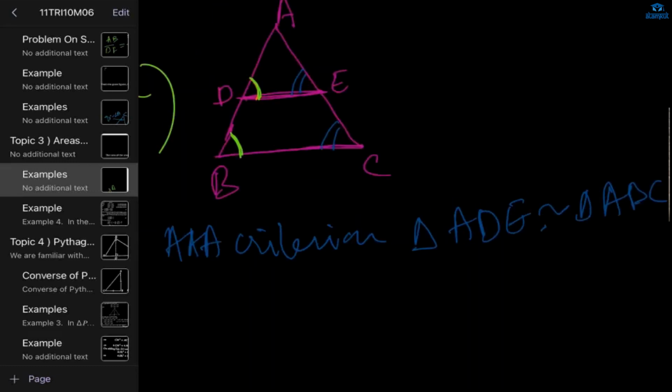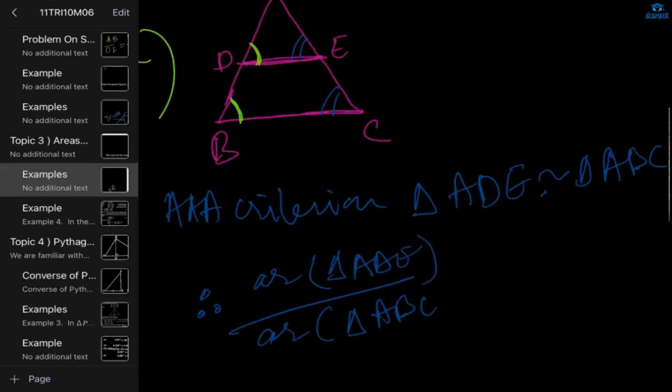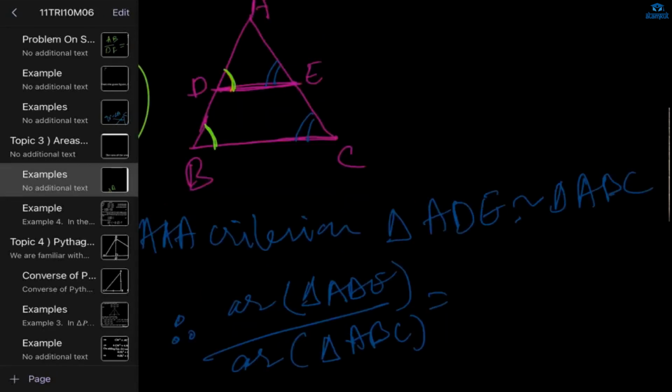Since you have already proved both the triangles are similar to each other from AA criteria, now we can find the ratio of the areas. Therefore area of triangle ADE by area of triangle ABC will be equal to what? One of the sides you can choose. Only this side value is given to you, that is 6 centimeter, and this side is 12 centimeter.